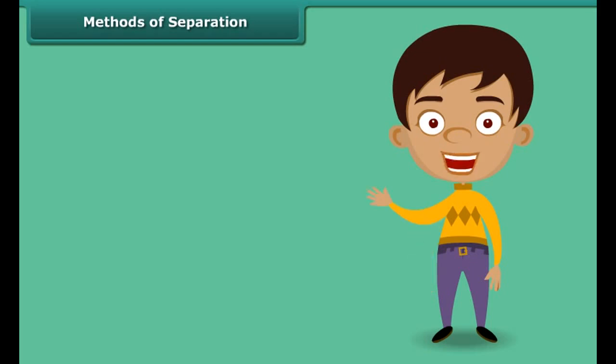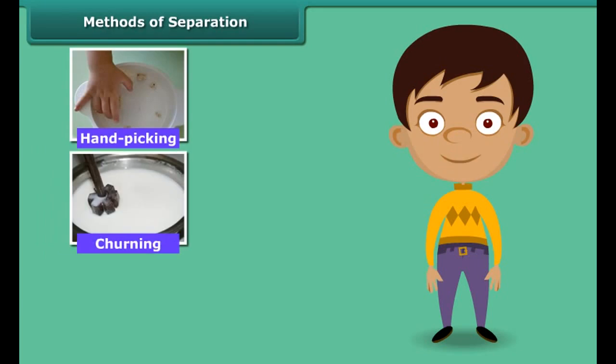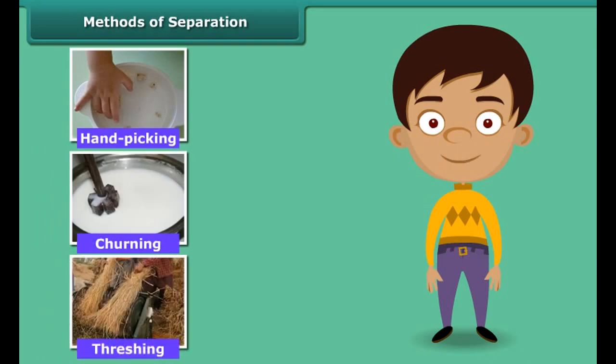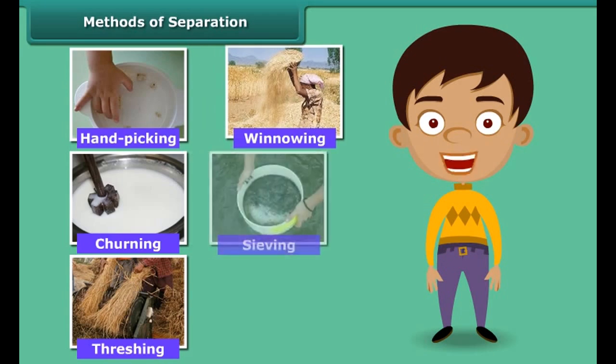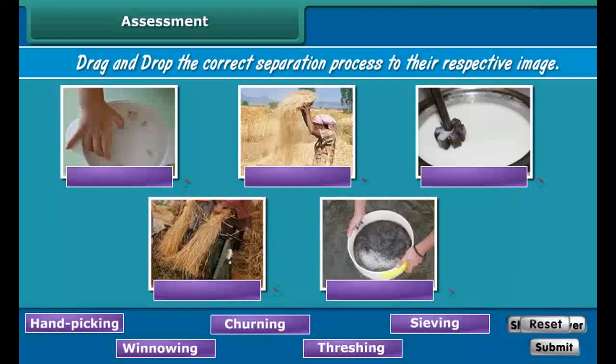In fact, you would have used some of these methods in your day-to-day life. Let us list some methods commonly used to separate the components of a mixture. Hand-picking, churning, threshing, winnowing, sieving. The basis for choosing a method of separation depends upon the physical properties of components.